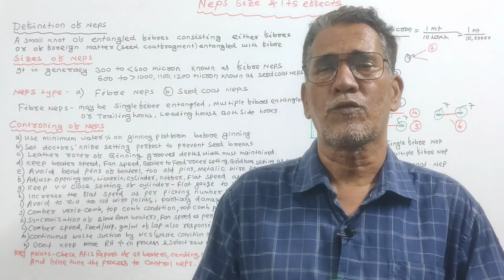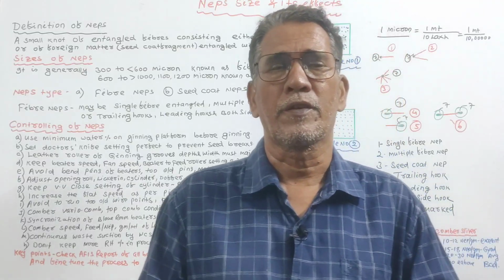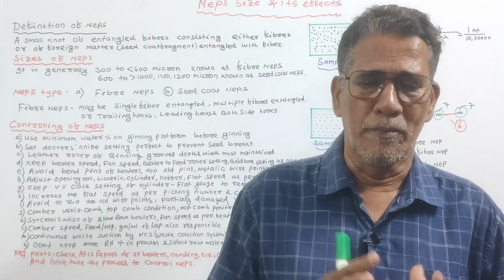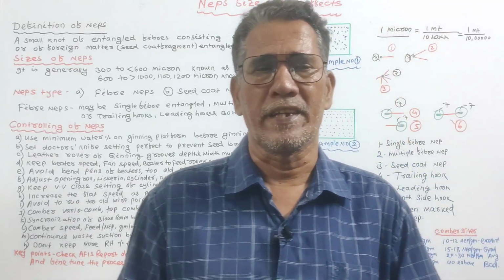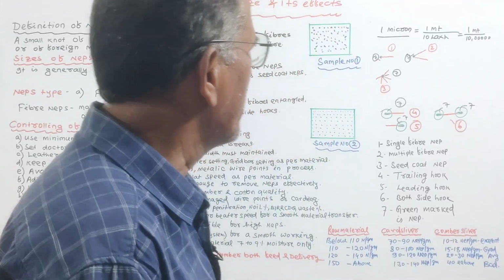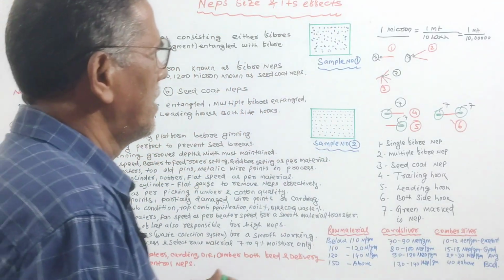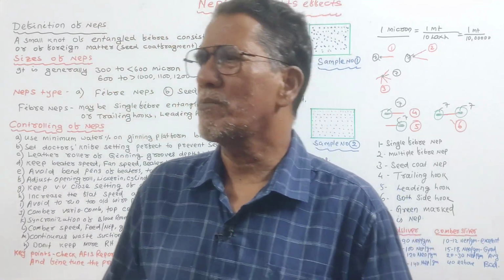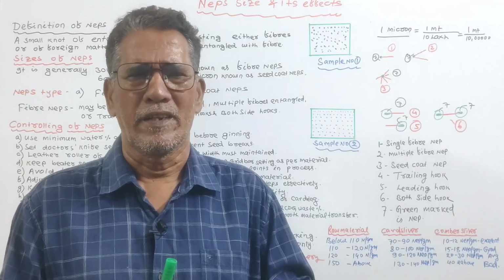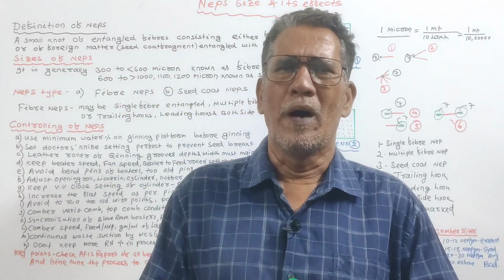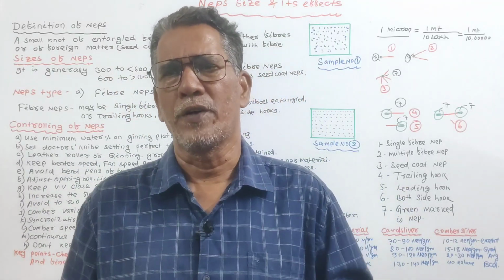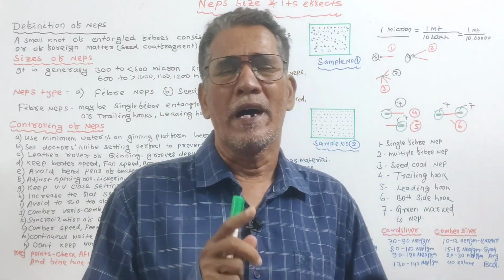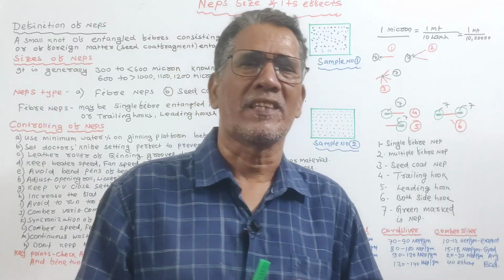These methods have to be selected to minimize nep generation. Regarding neps, I am telling you one thing: neps are always measured in microns. A micron is 1 meter divided by 1 million, that is one millionth of a meter.